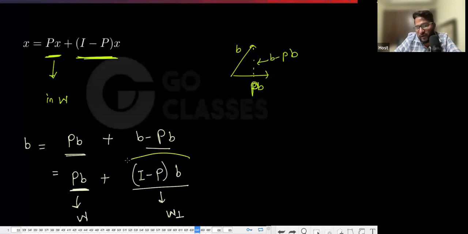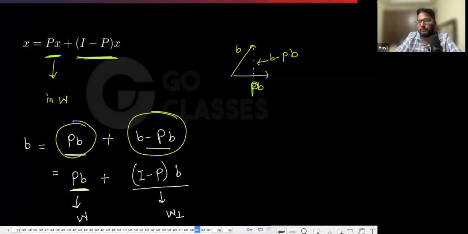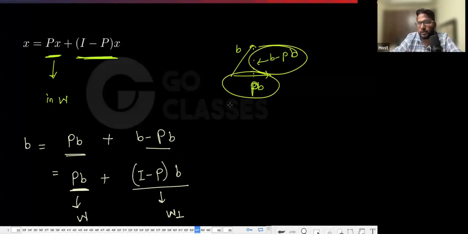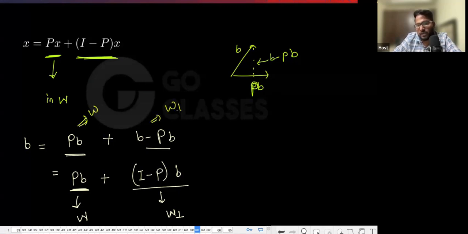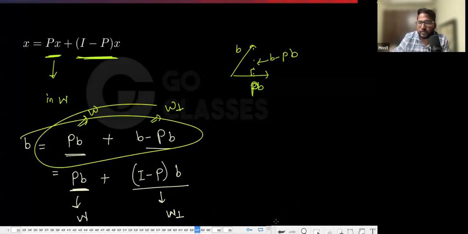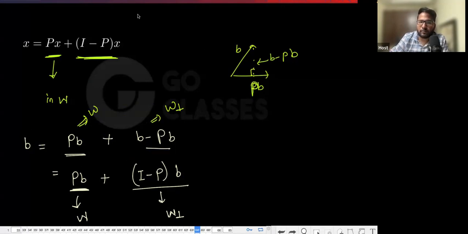I have decomposed b into something in W plus something in W orthogonal. This part is in W by the definition of the projection, and this is in W orthogonal, again by the definition of the projection, because b minus Pb is in W orthogonal. Is this part fine? Let me know.